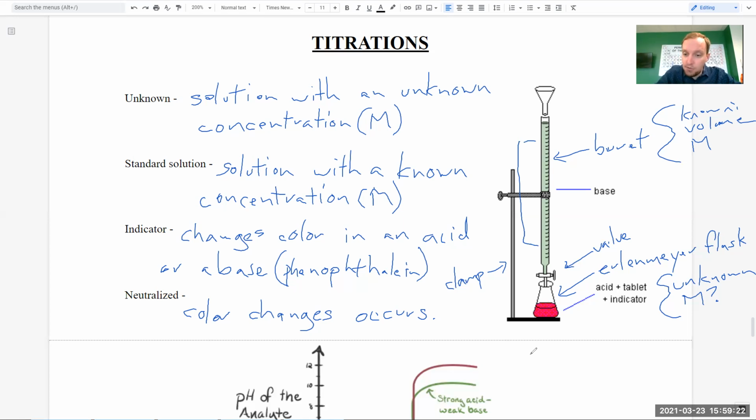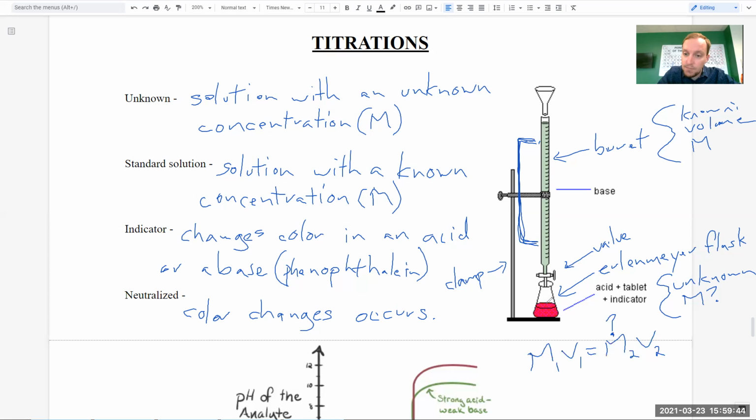And again, you guys know that M1V1 equals M2V2. So if our base is our burette, we know the molarity, and we know the volume that we added drip by drip by drip into the flask. What we don't know is the molarity of our unknown.